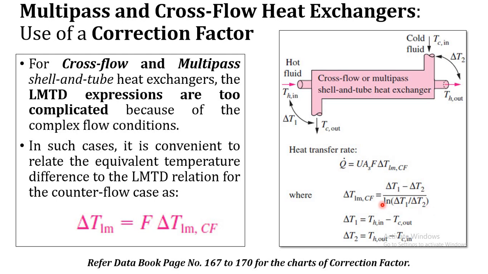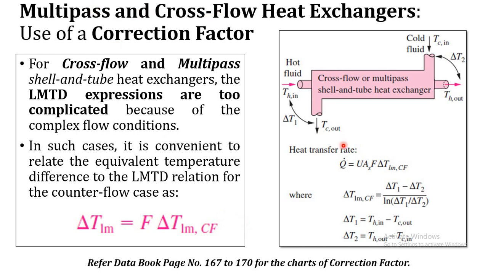For the counterflow heat exchanger, delta T1 or theta 1 is Th1 minus Tc2, and theta 2 is Th2 minus Tc1. So we use a correction factor to find the LMTD for multi-pass and crossflow heat exchangers.